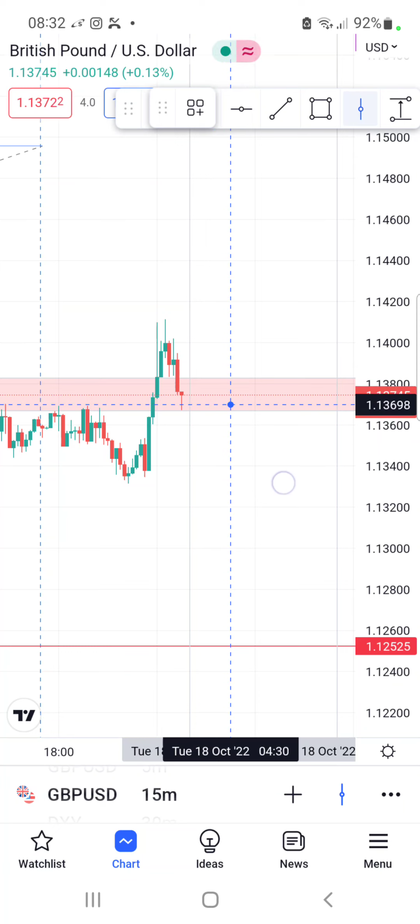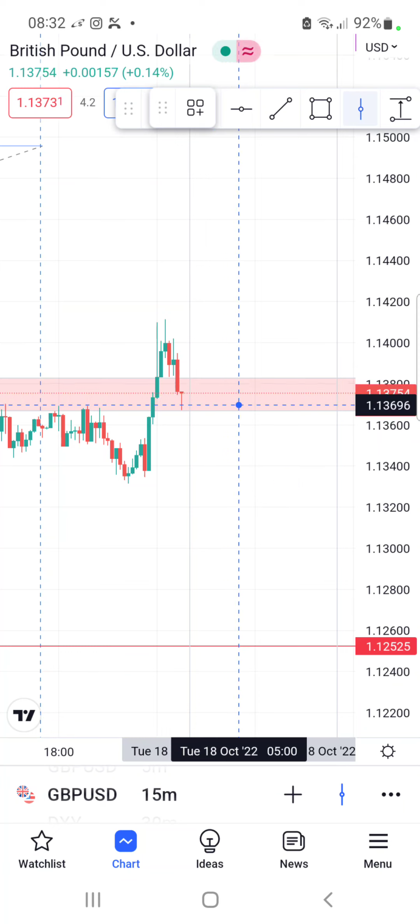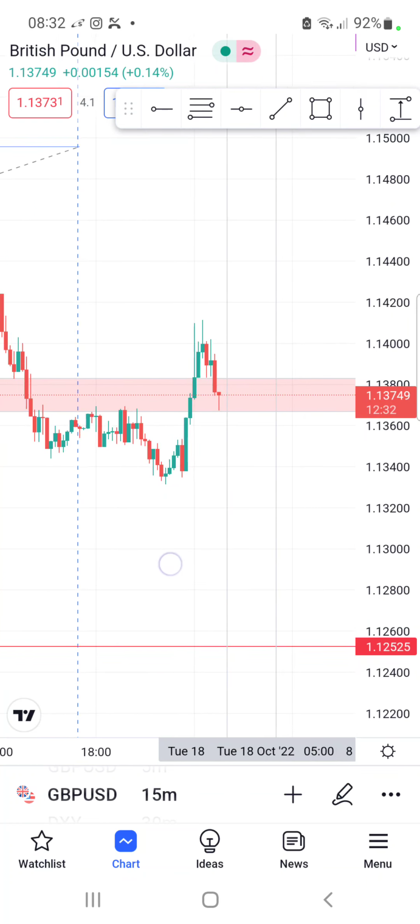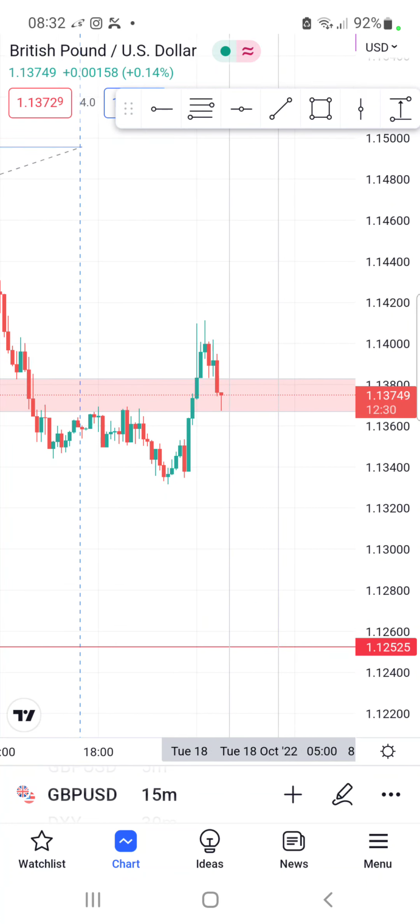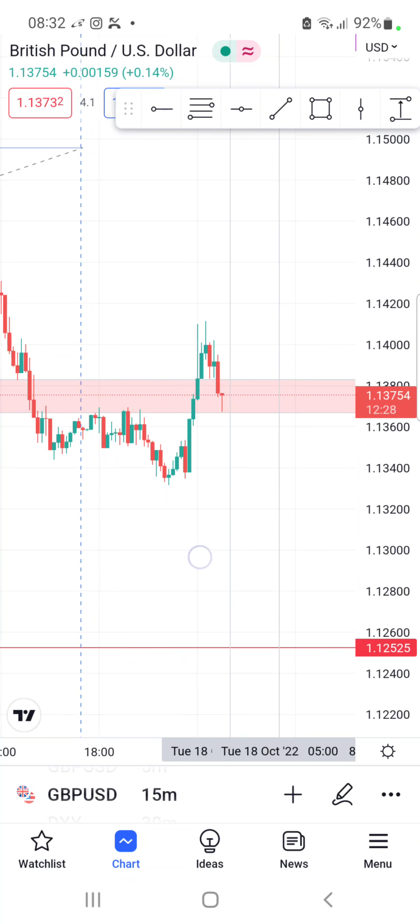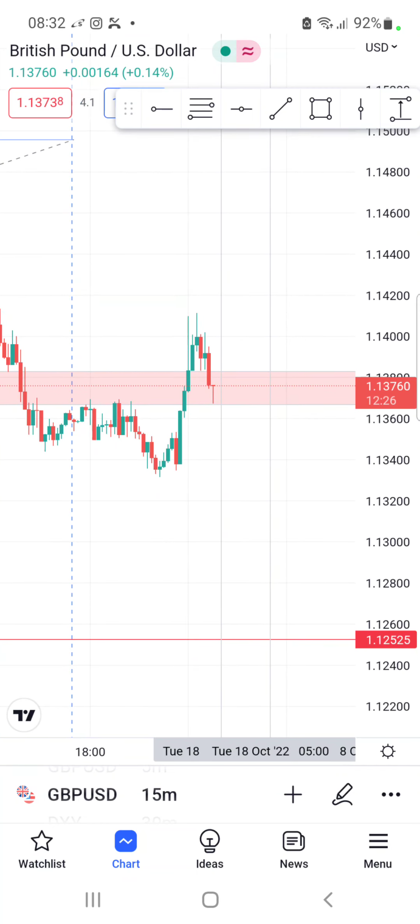Okay, let me show you. The lowest point of the day is formed after midnight. This dotted line shows where the price movement of the day starts.